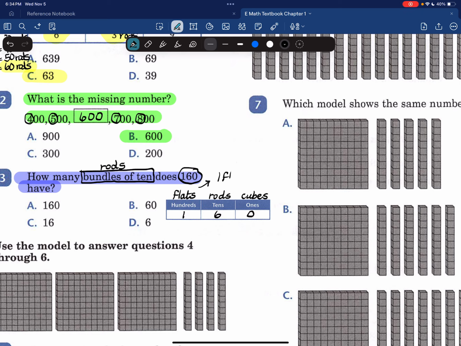One flat has how many rods? 10. So if you take those 10 rods and these 6 rods, that makes 16 rods. And that would be answer C. I would bet on one of those on a test.